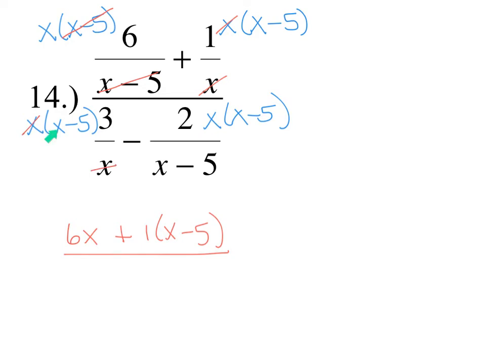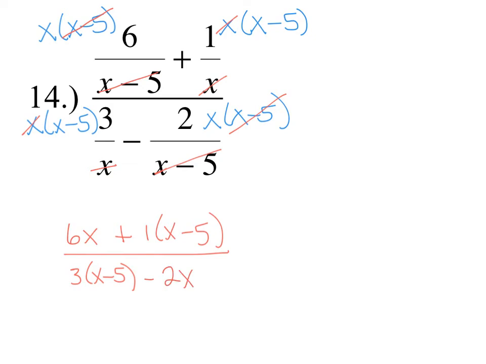And that will leave you the x minus 5 times 3. In the bottom right fraction, the x minus 5 is your common factor. And that will leave you minus 2 times x.